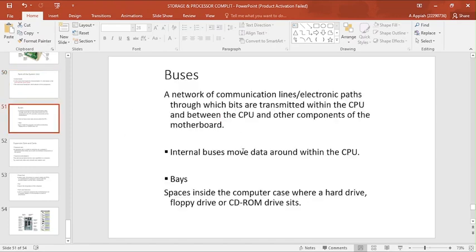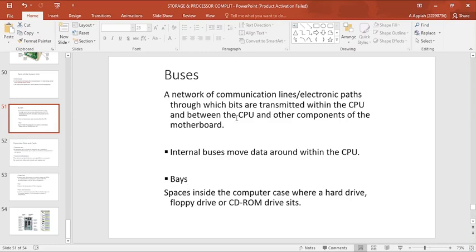Then we can also talk about buses, or bus. It is a network of communication lines or electronic paths through which bits or binary data are transferred within the CPU and between the CPU and other components of the motherboard.